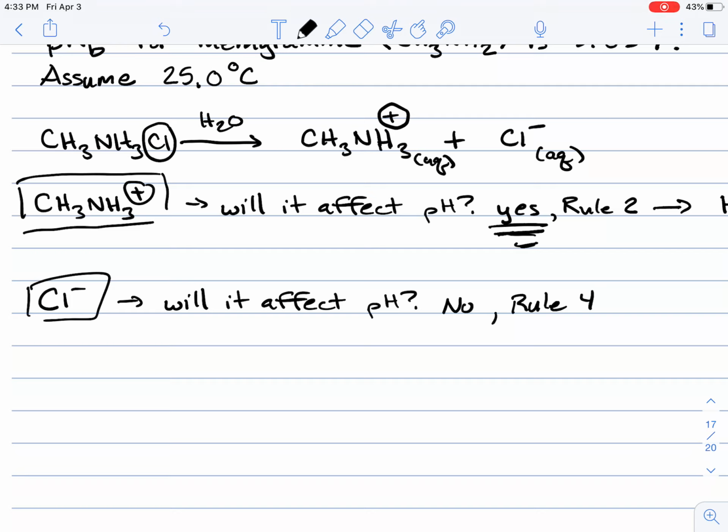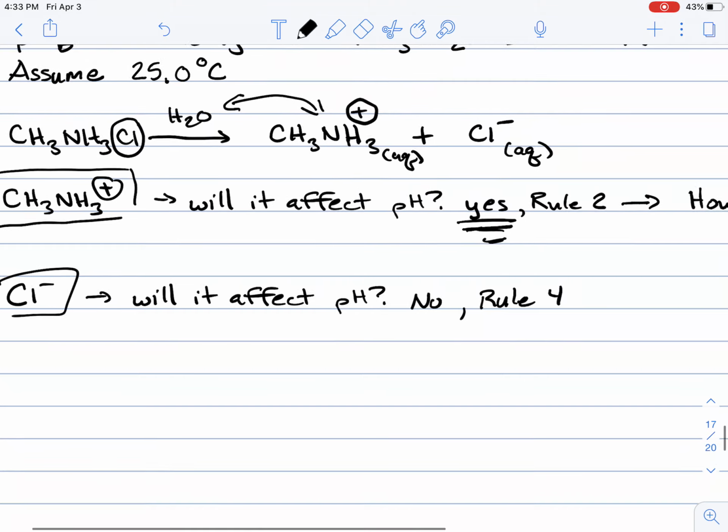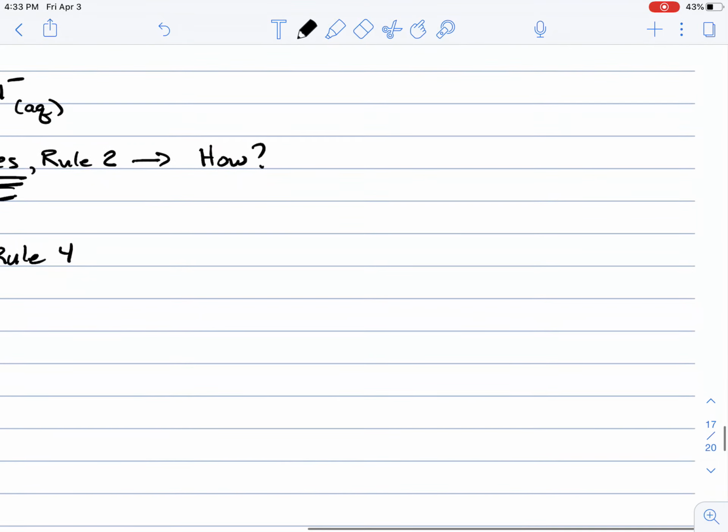Methyl ammonium had already interacted with chloride, and if you notice, it's separated, so it probably won't react with it again. In this case, we're going to compare water and methyl ammonium. Here we have methyl ammonium reacting with water.